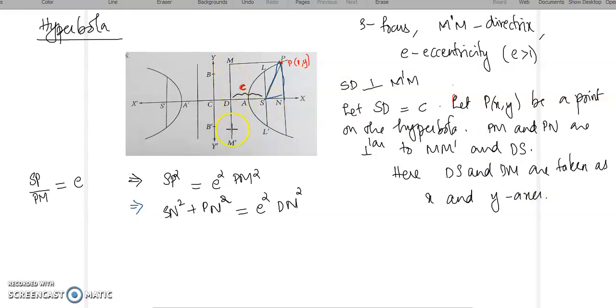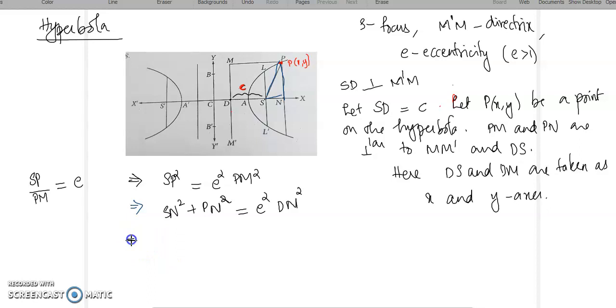We have taken the directrix as the Y axis, and this is the X axis. Now first we need the value of SN. D is the origin. So the distance from D to N is X, because the coordinate of our point is P of X, Y. So DN is equal to X, and DS is the length we have defined as C.